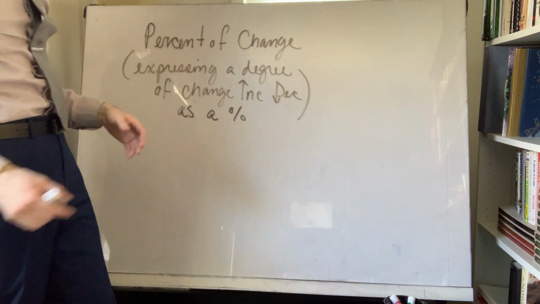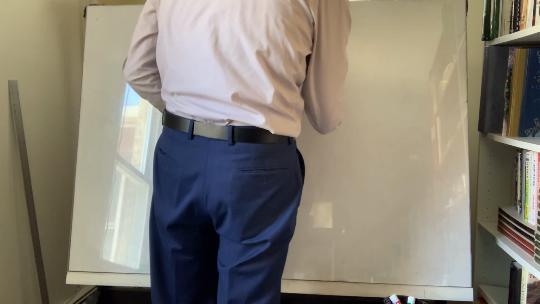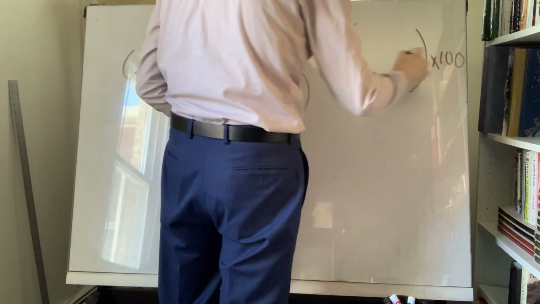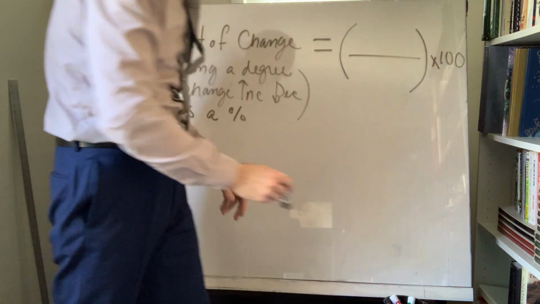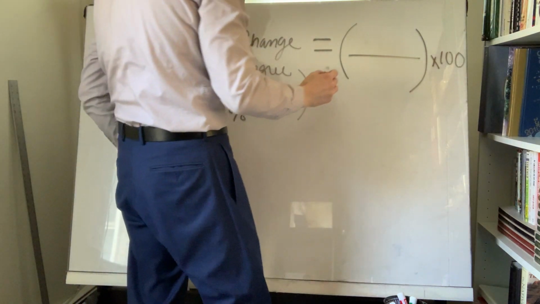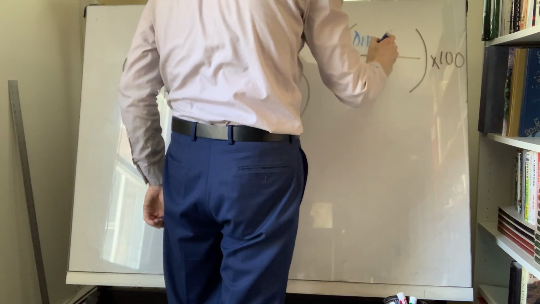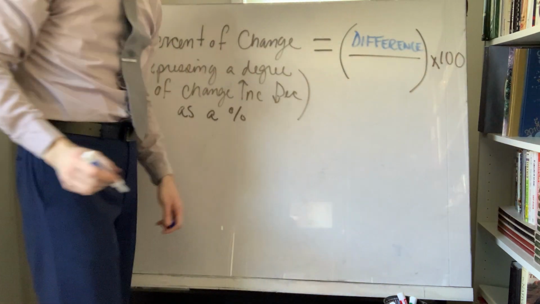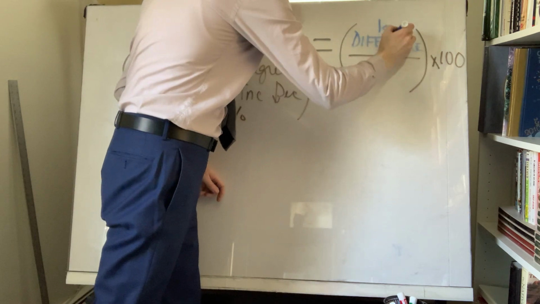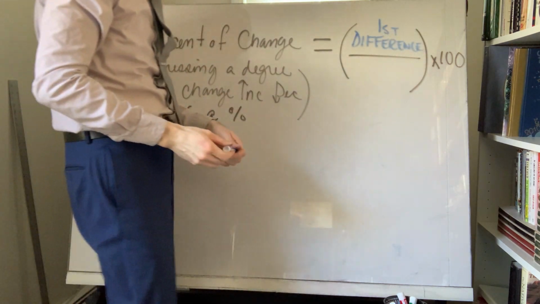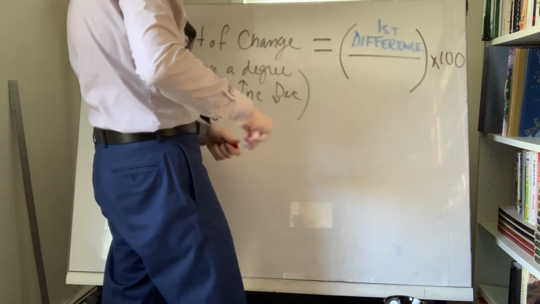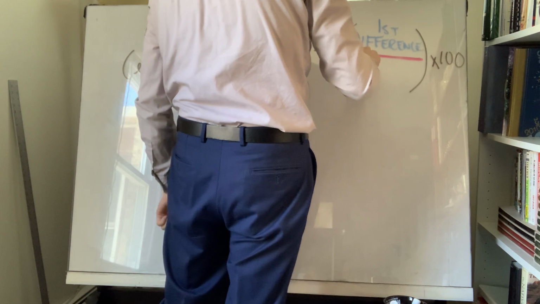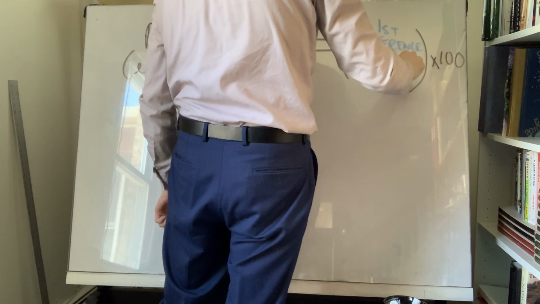And there's a formula for that. There's an order of operations that you really must conform to, but it is this basic idea. There's going to be a subtraction, some kind of a difference that you must do first. Subtract to find the difference, and then divide, that's this line here, by the original amount, whatever it is.